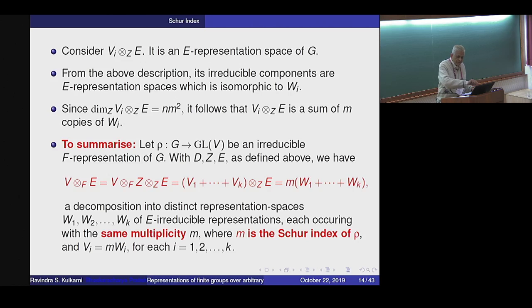So Vi tensor E over Z is isomorphic to a sum of copies of Wi, and the dimension of this Wi over Z is n m squared. And then it follows that Vi tensor E over Z is the sum of m copies of Wi.